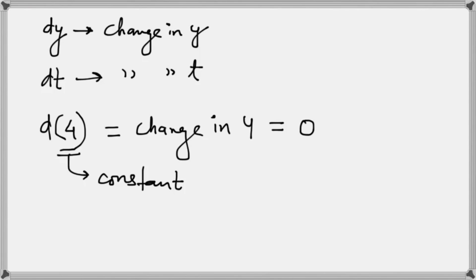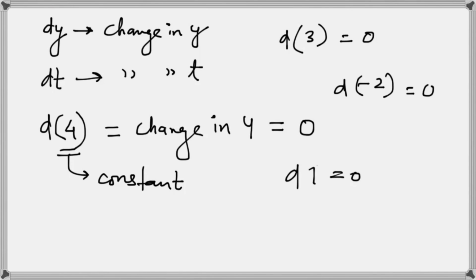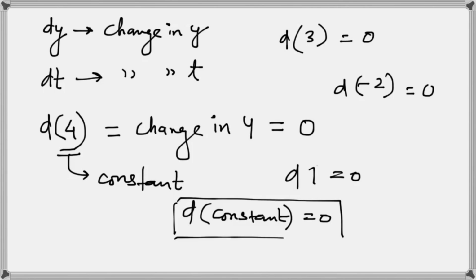Obviously, it will be 0. d of 3 equals to 0. d of minus 2 equals to 0. d of 1 equals to 0, and so on. So here is our first rule, that is d of a constant is equal to 0. Remember this rule. Whenever we have a constant and apply d before it, then it comes out to be 0.